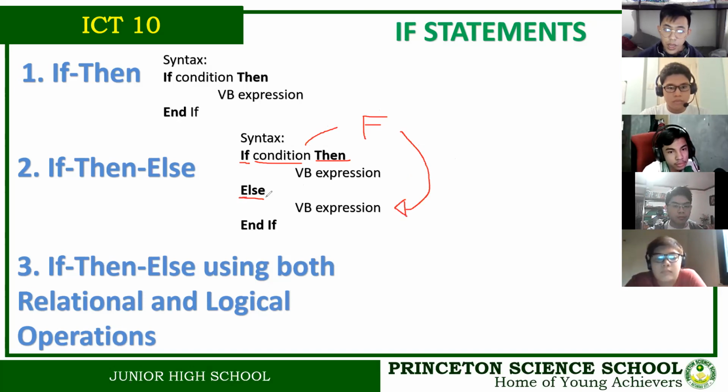That is why there is an else. So if this condition is true, it is going to do this. Else, it will go to the second option. Okay, so is that clear?